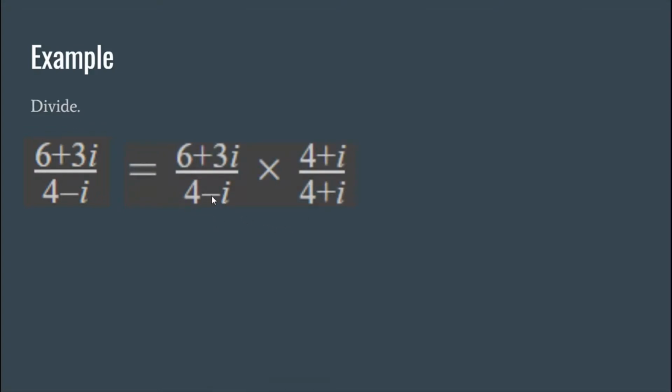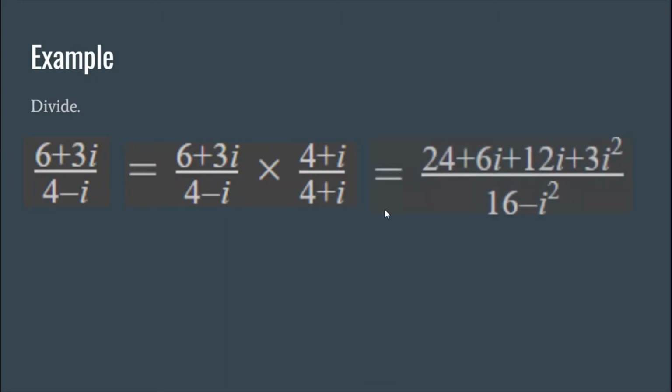Since this is a minus, we're going to multiply by a plus. Here we're going to distribute. It's binomial times binomial. Here, this is the difference of squares, so this will simplify to this because the two middle terms will cancel out. If you do the outer and the inner, you get 4i minus 4i, and that will cancel out.